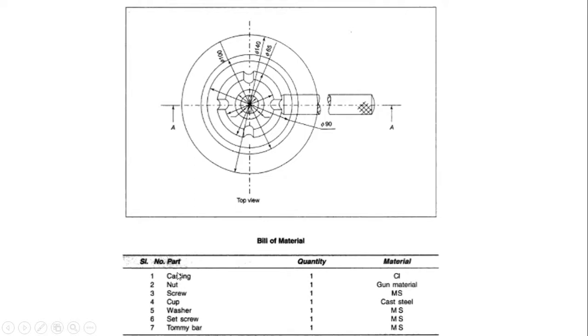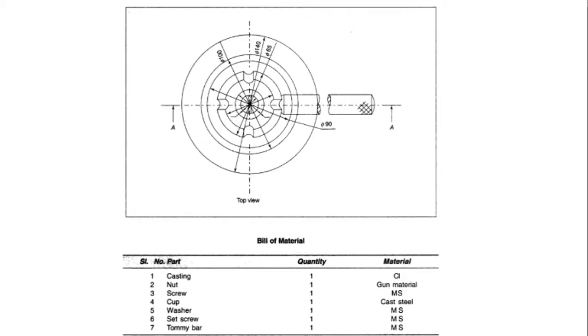Each component is used in a single quantity, and the materials are cast iron, gunmetal, mild steel, cast steel, mild steel, mild steel, mild steel. In every drawing, for every assembly or every component, you give the bill of material of the individual parts.